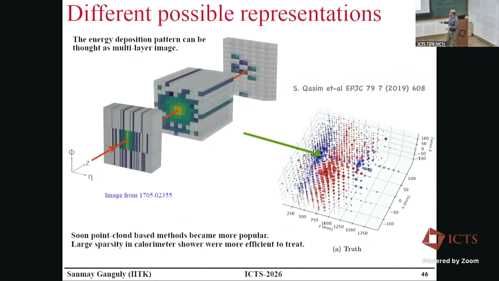But nonetheless, given such an event, you know where the energy depositions are taking place and by how much. So the ideal way to represent such data is by something called a point cloud. It's a set of points. For each point, you know the coordinates, you know how much energy was released, and you have all the information required to analyze such data.